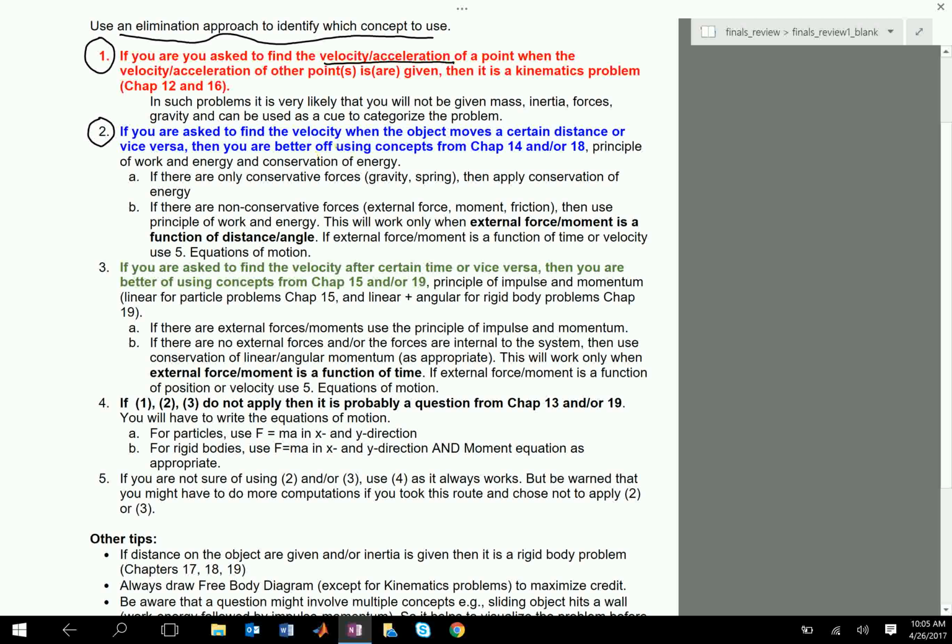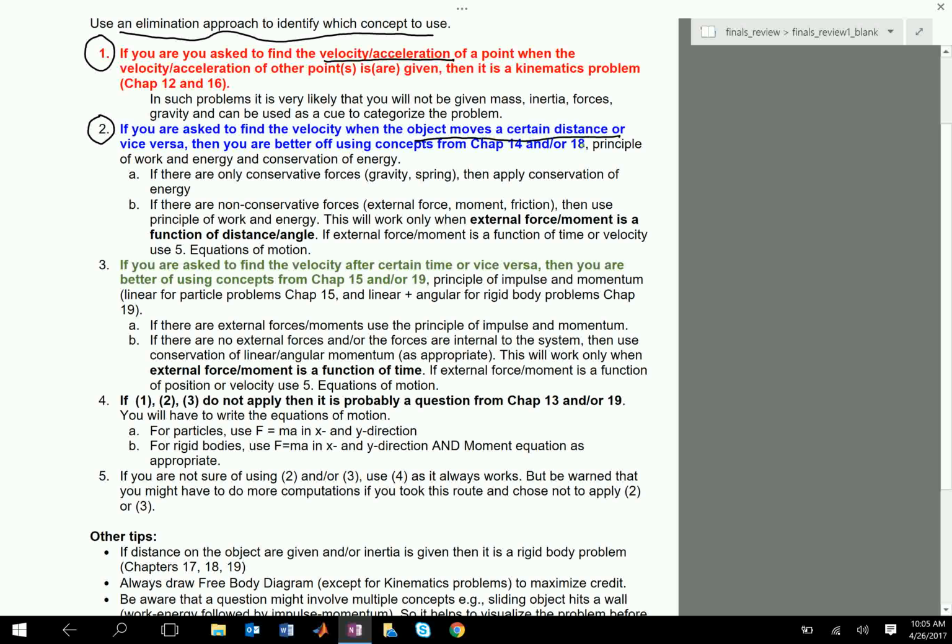If the question is that the object moves a certain distance, or you're given the distance and told to find the velocity, then you have to think in terms of conservation of energy and work energy. So you're told to find velocity and you're given distance, s, or vice versa.